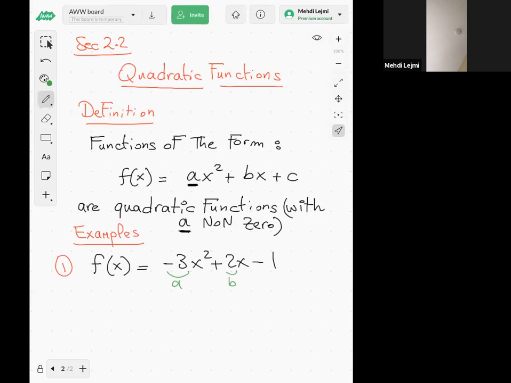Your b is 2, and this negative 1 will be your c. So this f of x is a quadratic function, because it has the form ax squared plus bx plus c, and a is non-zero.